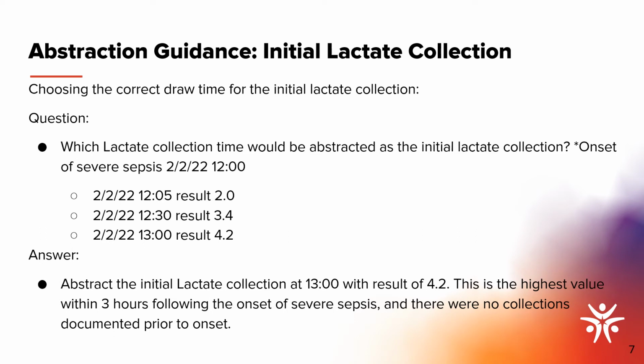So what would we abstract as the initial lactate collection? Abstract the initial lactate collection at 1300 with a result of 4.2. This is the highest value within 3 hours following the onset of severe sepsis, and there were no collections documented prior to onset.